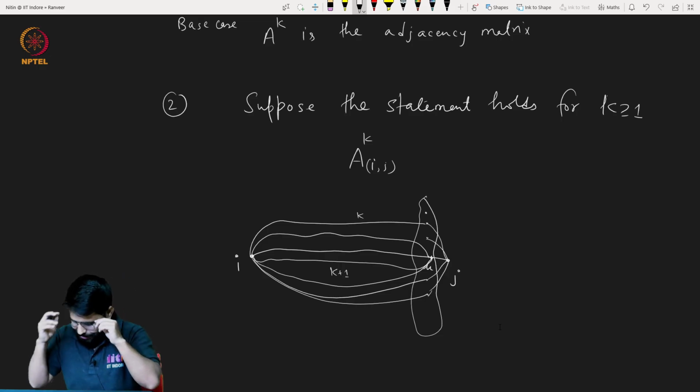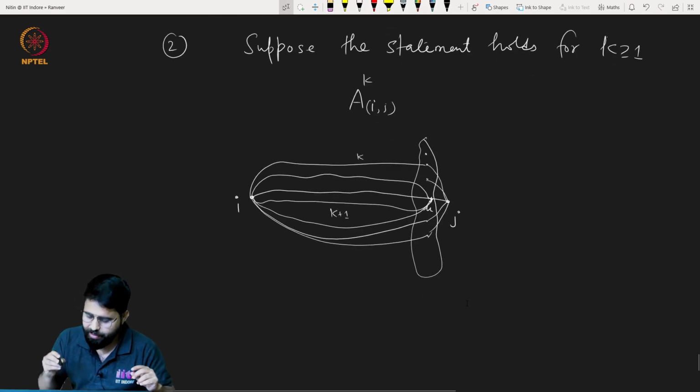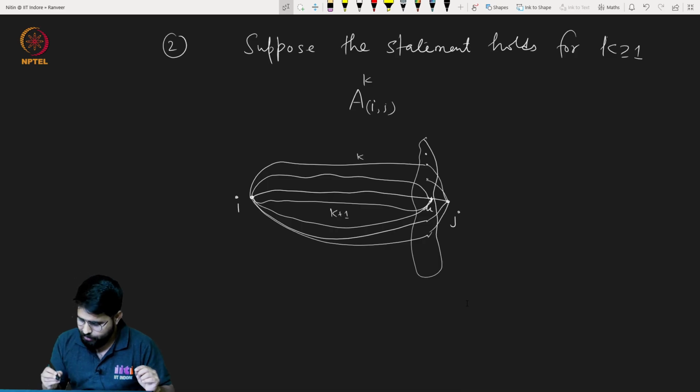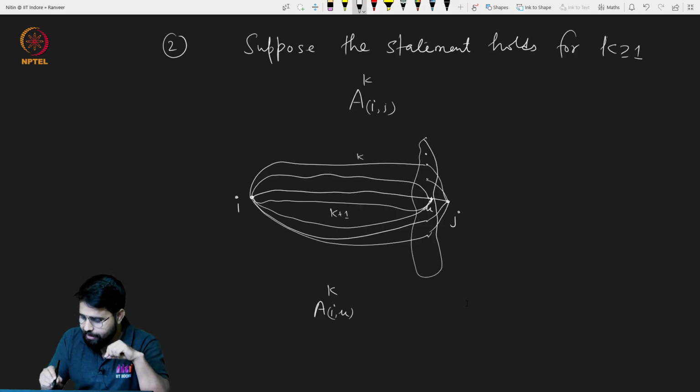See, suppose for example this. What will be this quantity? This will be A to the power k, entry i and u. By the induction hypothesis, this is giving you what? The number of walks of length k between vertex i and u. Now suppose there is an edge between u and j.